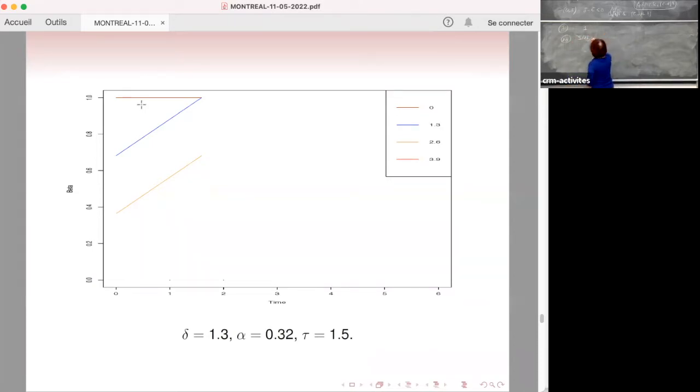So we have to compute this fitness. So it's minus delta plus tau. And so if we compute beta 2 of S, that means the exponent given by the birth and death process without immigration.